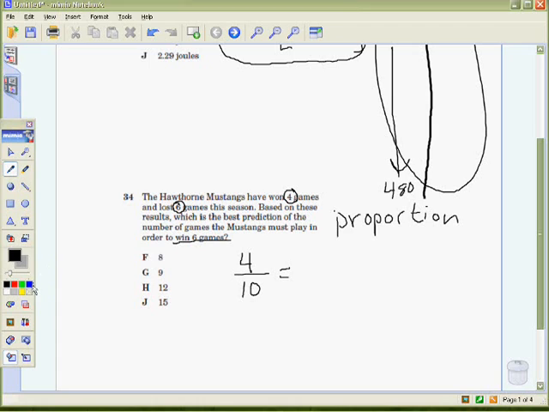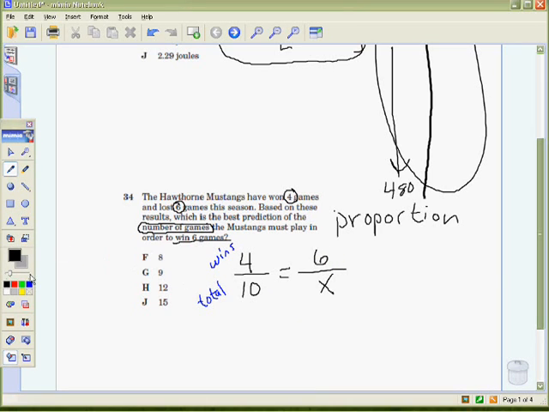And they want to know how many games do they need to play in order to win 6. Well, we have our wins on top on this side, and we have our total on bottom on this side. So I put my wins on top in my proportion. I want to win 6 games, so it goes there, and I'm looking for the total number of games that I'm going to have to play, so that'll be represented as x.